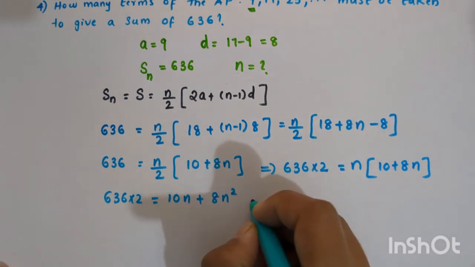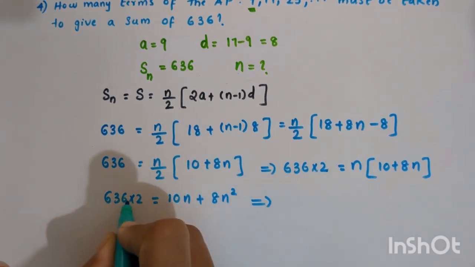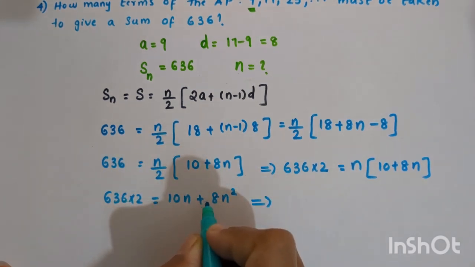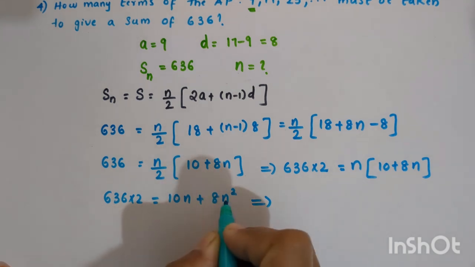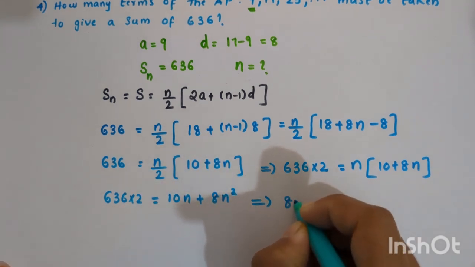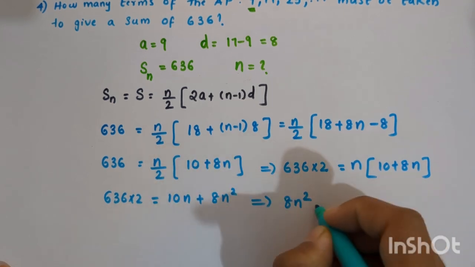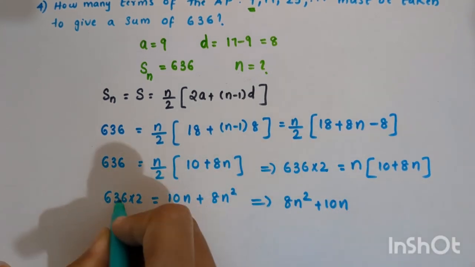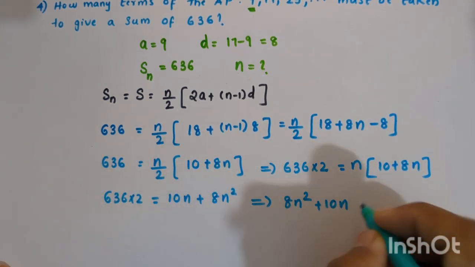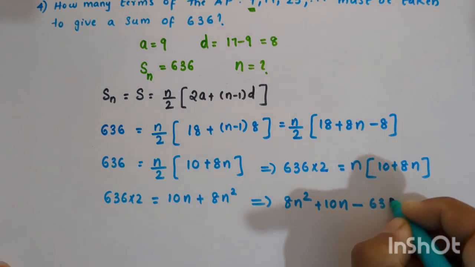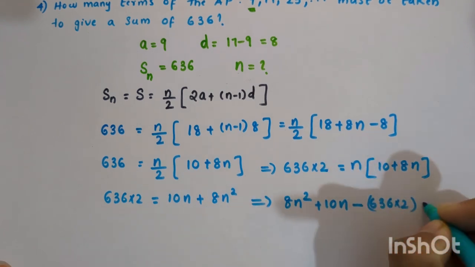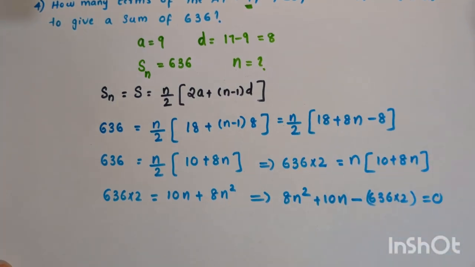If you take this 636 into 2 to this side, it becomes minus. So I am writing 8n square plus 10n minus 636 into 2 equals 0.